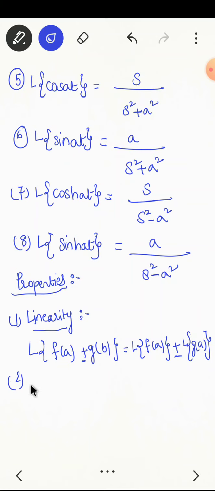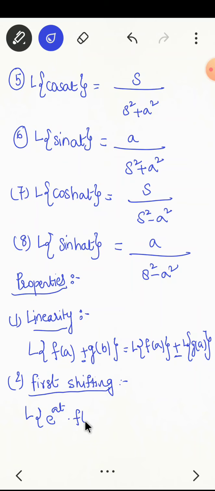Then the first shifting theorem, very important. What is the first shifting property? Suppose you have Laplace of e raised to power at into f of t. If you have any function multiplied by an exponential function, then you can write this as F of s minus a.